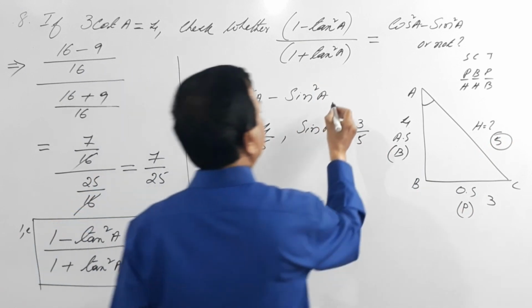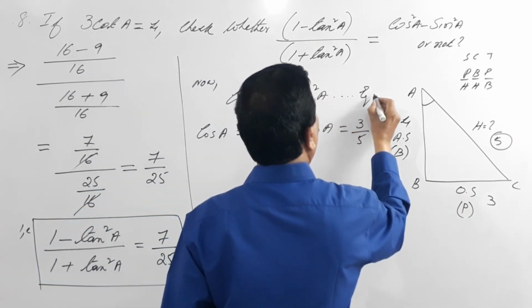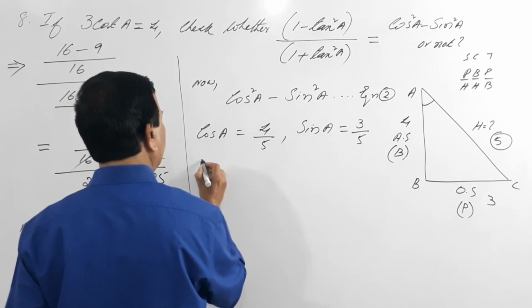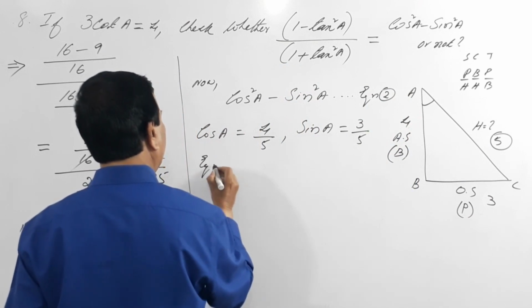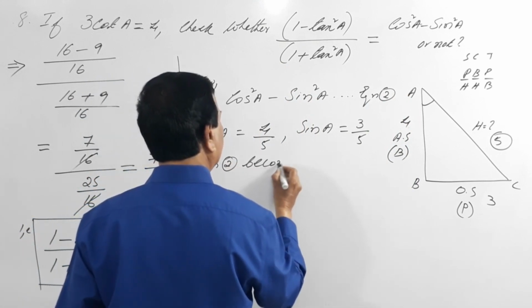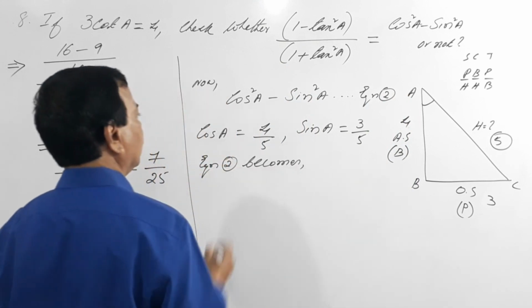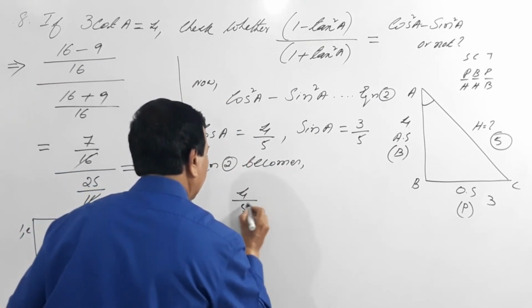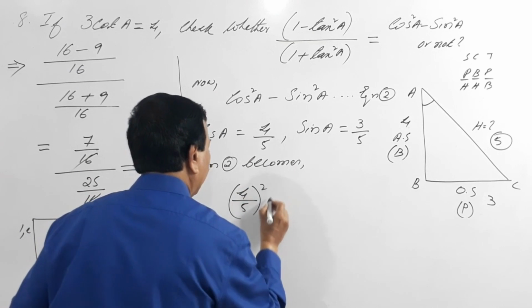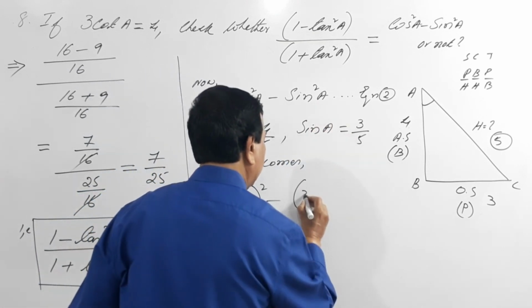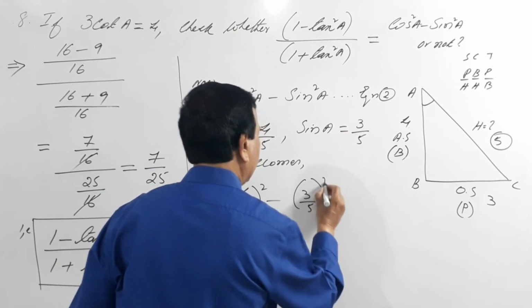So I call this equation 2. So equation 2 becomes what? Cos square is nothing but 4 by 5 square, minus sine square, 3 by 5 square.